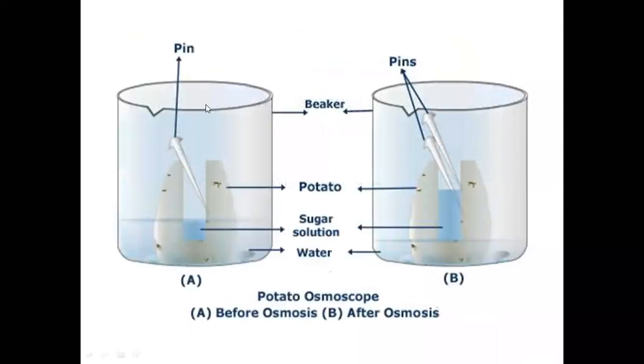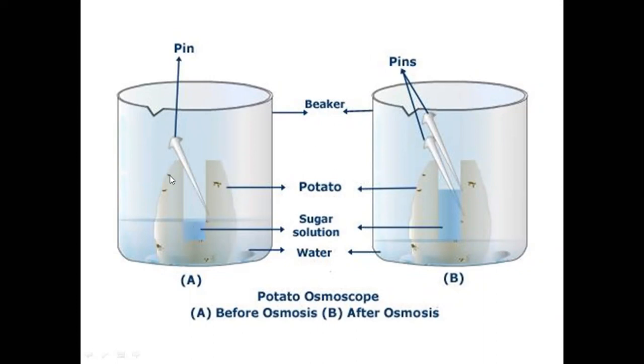We have another experiment which illustrates osmosis. As we can see here, we have a potato strip that has been cut to create a well in the center. In the center of this potato strip, we have a sugar solution.